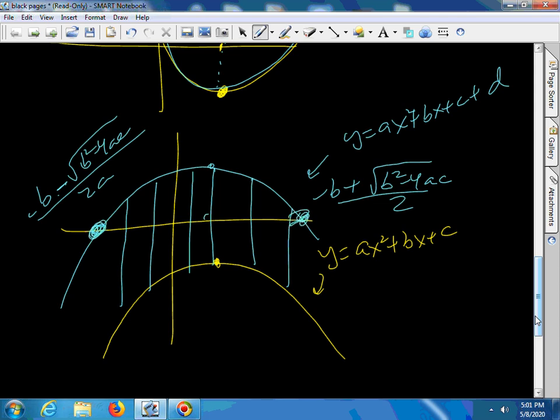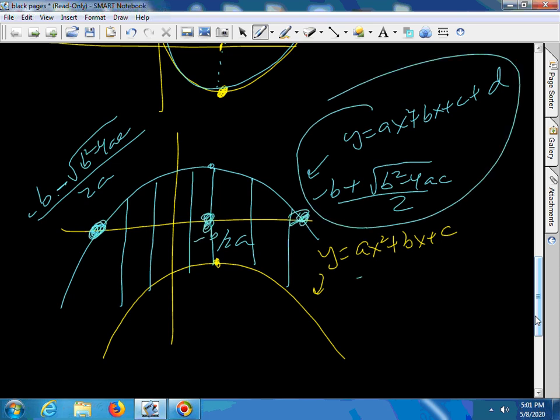And the value in the middle is just going to be negative b over 2a. That's for this one. But this has the same x value for the vertex. Just because we brought this point straight up doesn't mean they're not going to have the same x value.